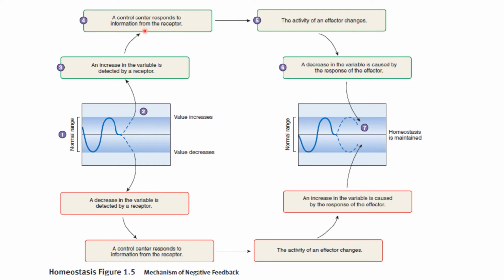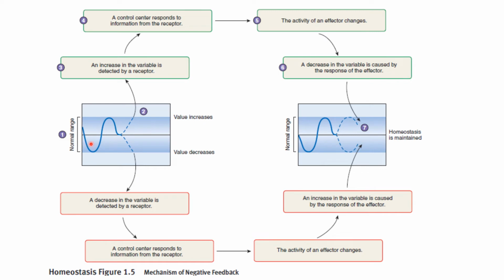In animals, it is either the brain or spinal cord, and then the control center sends a signal to the effector. Effectors in animals are muscles, and these muscles contract, and the effector could be glands also. So these glands or muscles perform their function, they negate that change and bring the variable back toward the set point in order to keep it in the normal range, so the functions could be performed optimally.